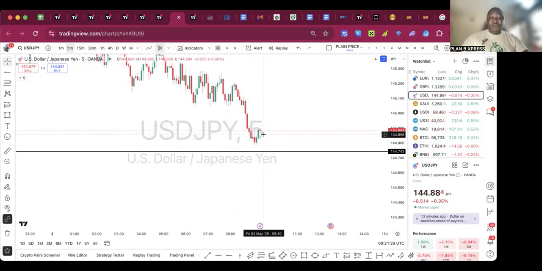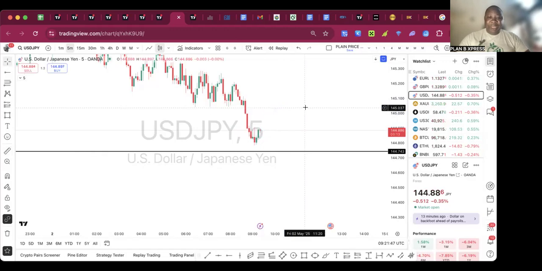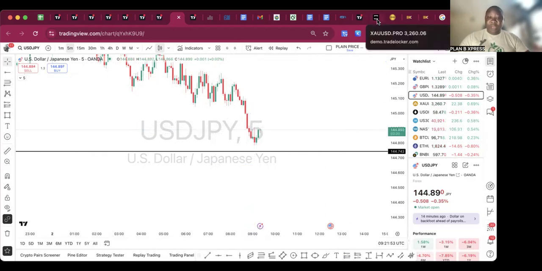But those people don't use small lot size. They use big lot size, because when they find an entry at this point, even to this point, this is already 15 pips for them. So these 15 pips, and they use one standard lot, ladies and gentlemen. Being that the market is bullish, look at what they will do.